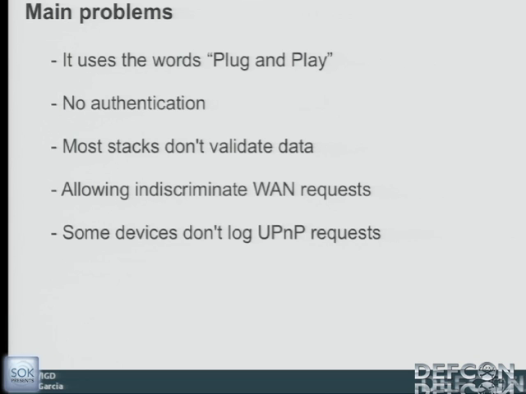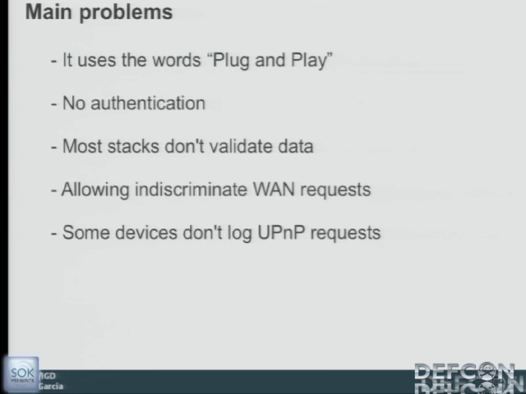After that, the other problem is that most stacks do not validate data. What we mean by this is that, first of all, UPnP was designed for LAN use only, and that's not true, unfortunately. Port mappings were designed to work for internal hosts that wanted to traverse the net and add port mappings.